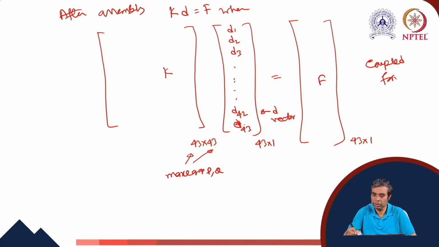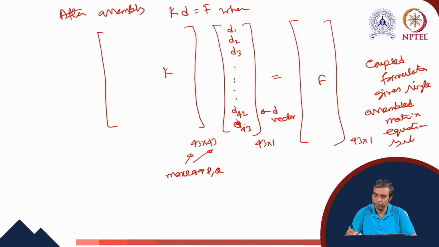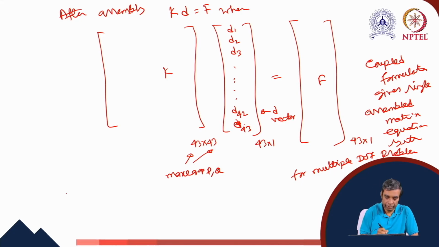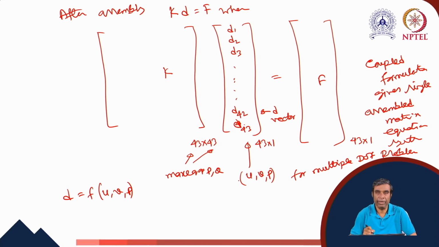Coupled formulation gives a single assembled matrix equation system for multiple DOF problems. So this D is a function of U, V and P.